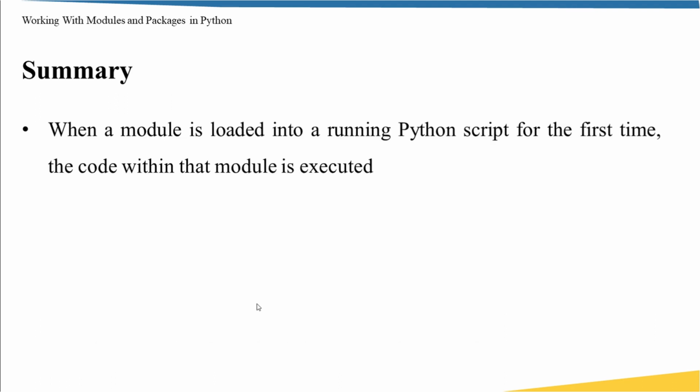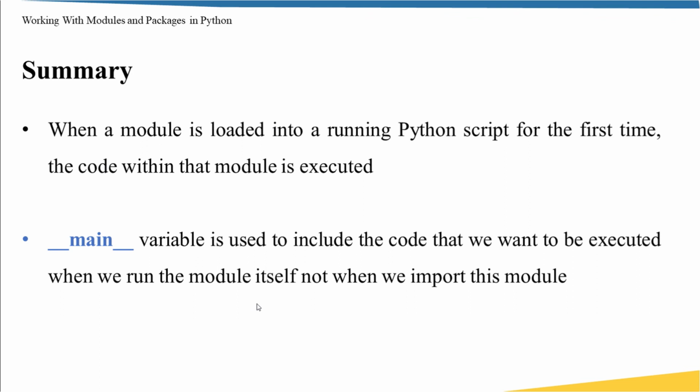Also, we say that when a module is loaded into a running Python script for the first time, or in other words, when it's imported for the first time, the code within that module will be executed. We have talked about also main variable and we see it's quite important variable and usually we use it to include the code that we want to be executed only when I want to run the module itself, not when we import this module from other modules.